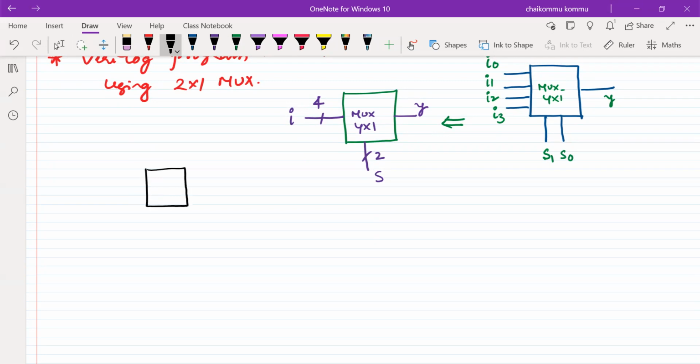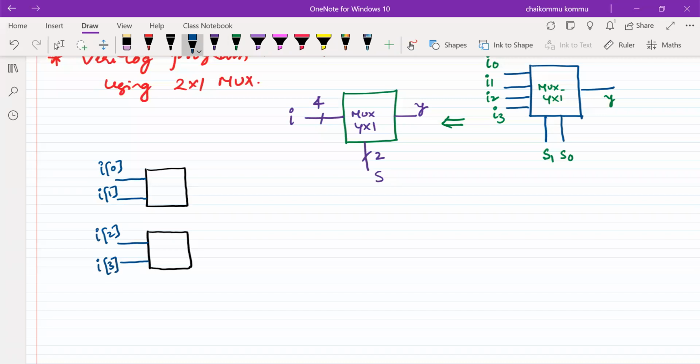A 2 cross 1 mux allows 2 input signals, but we need 4 input signals, so we have to use another 2 cross 1 mux. Two signals are available here, another 2 signals are available here: I of 0, I of 1, I of 2, I of 3.